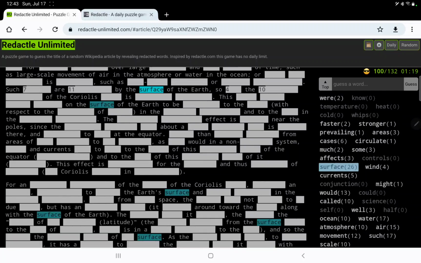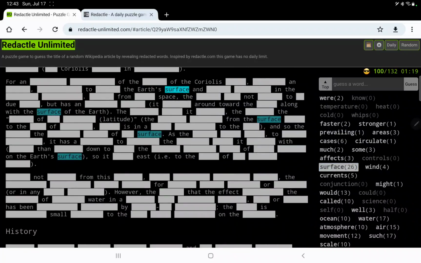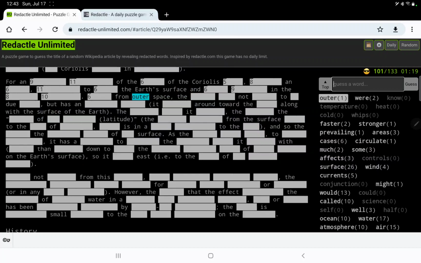Now let me look at my surfaces again. 4 and 9, 11 of the 6, 8 and 6, 11 to 6 the Earth's surface, and 6, 9 in the 8, 10. Something from outer space, not seen from outer space.